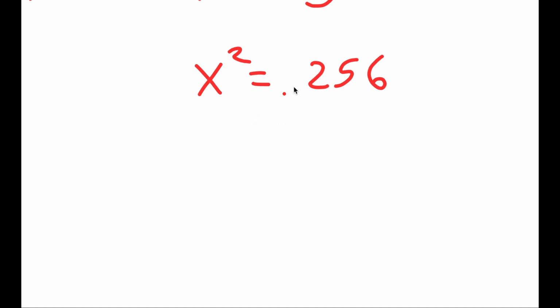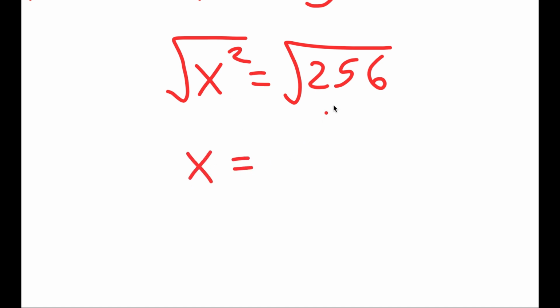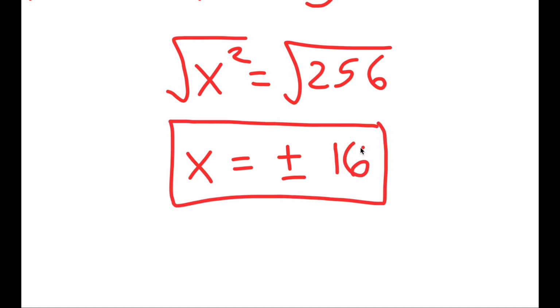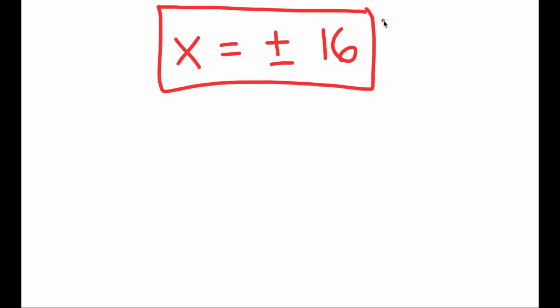So now to solve this, I'm going to take the square root on both sides. So the square root of x squared is obviously x, and the square root of 256 is positive or negative 16. So this is my value of x, my two solutions actually.